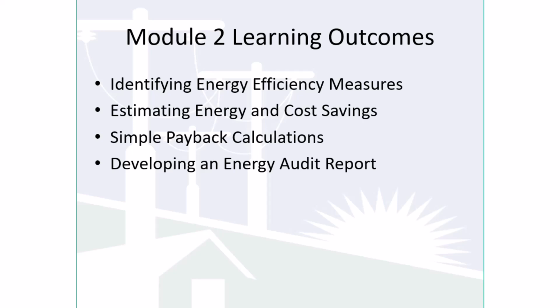There will be a follow-up module, Module 2, after this one, and the learning outcomes for that one will be identifying energy efficiency measures, estimating the energy and cost savings, how to do a simple payback calculation, and what goes into developing an energy audit report.